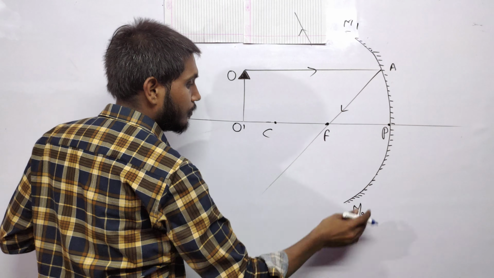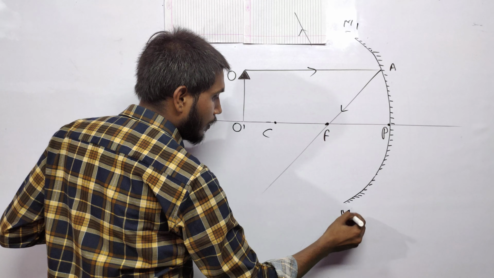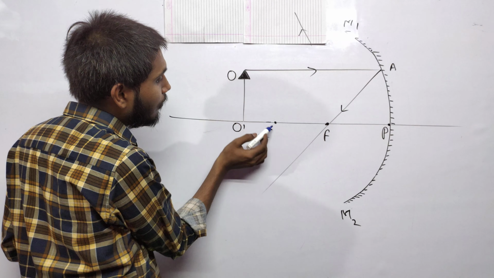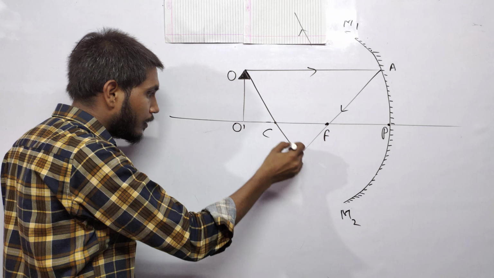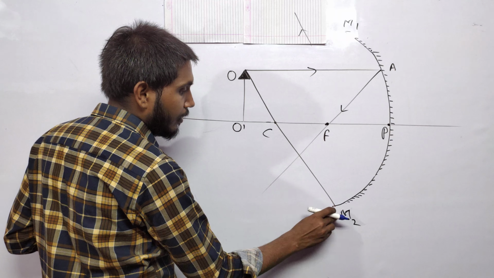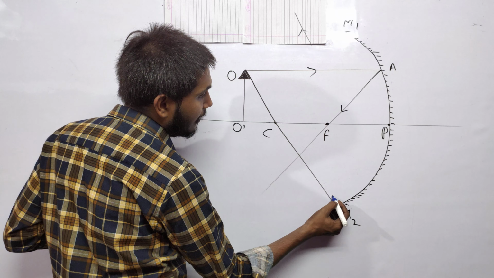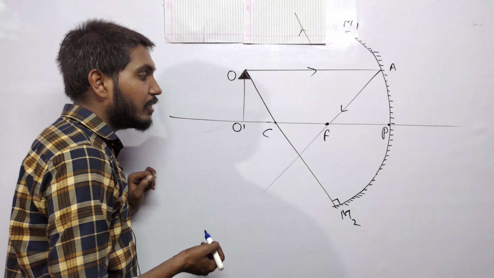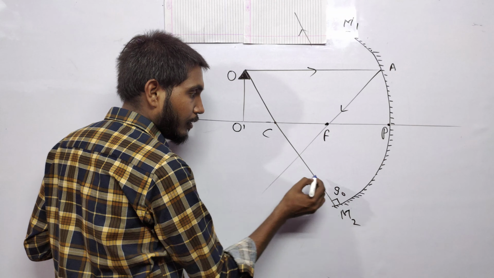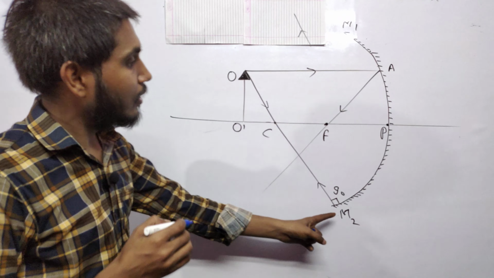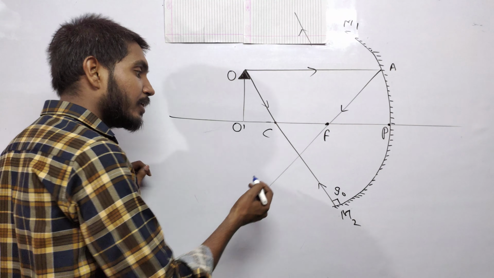This is M1, M2. It passes through the center of curvature and strikes the mirror at 90 degrees. After reflection, it retraces its path.